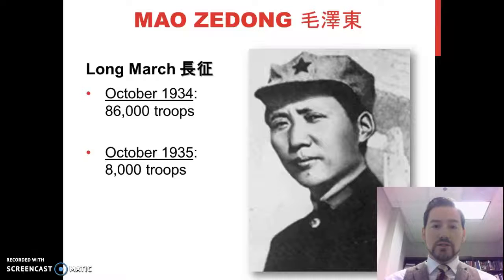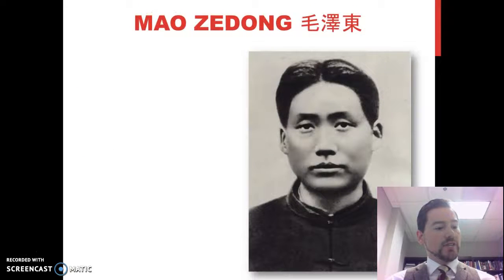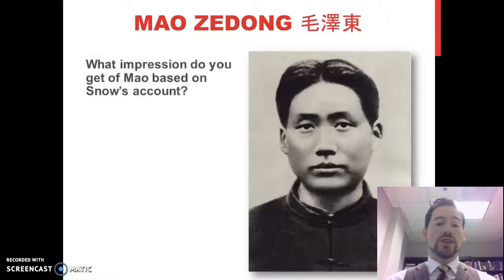So this is all the lead up to Edgar Snow going to interview Mao in 1936, and then the document that you read for this was published in 1937. So as you read through this, what impression do you get of Mao based on Edgar Snow's account? Remember, Edgar Snow is an American journalist who had been in China for a while and worked there for a while.